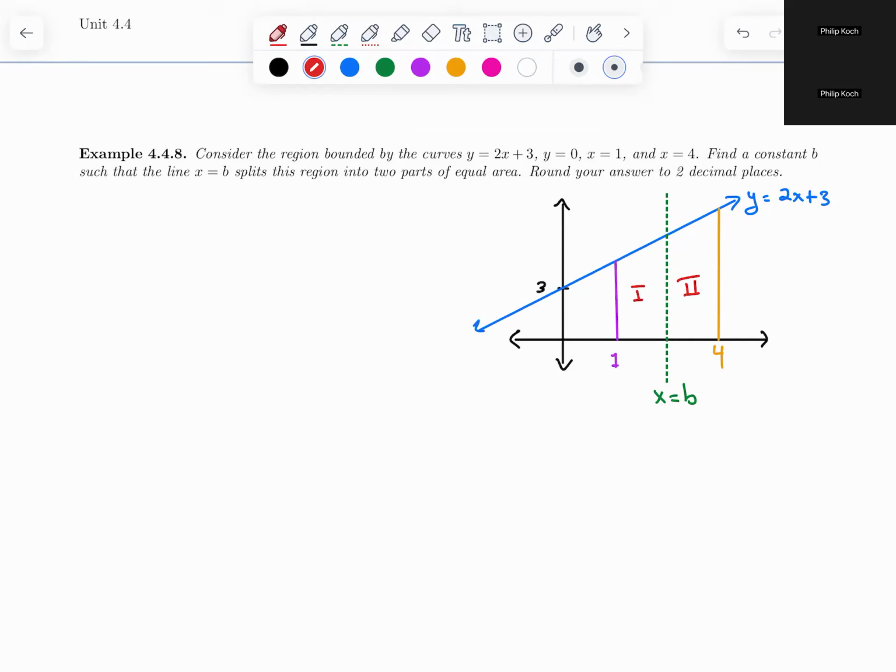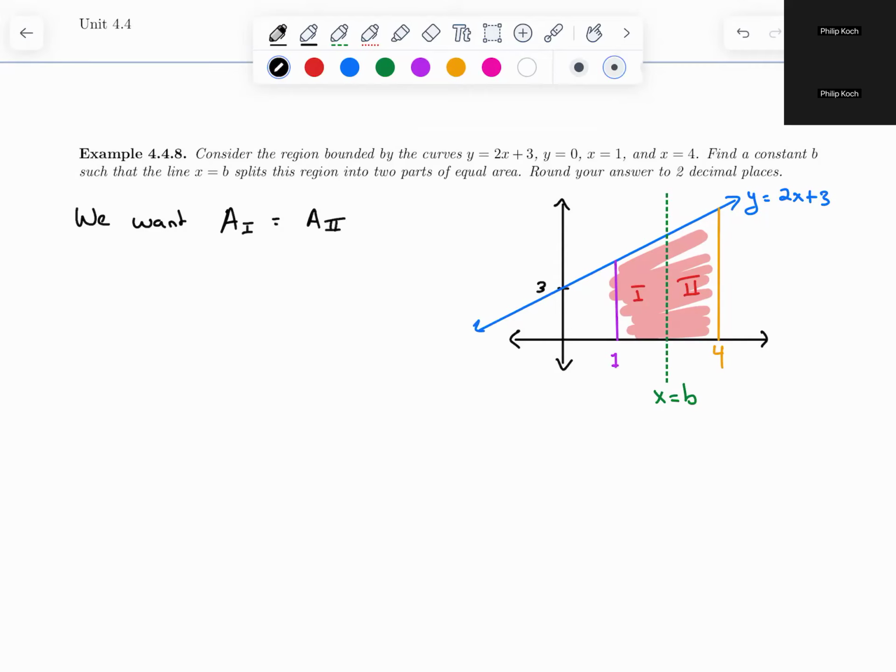Let's make sure we understand it and visualize this picture one more time. The blue line is the line in question, y equals 2x plus 3. The total region bounded is this entire area, bounded by 2x plus 3, y equals 0, x equals 1, and x equals 4. We want to find a line B that splits this region into two equal pieces. So we want the area of 1 to equal the area of 2.